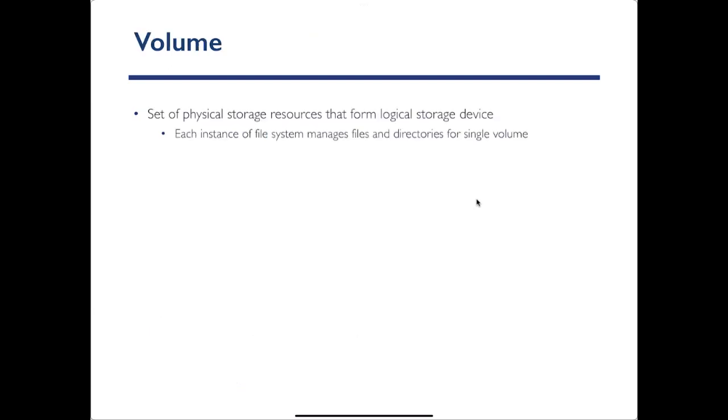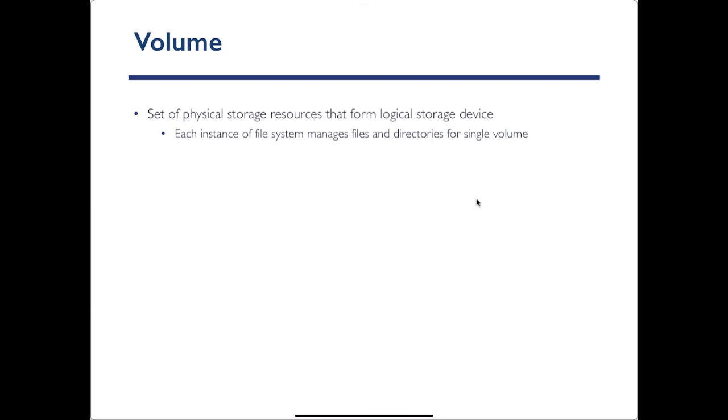The second definition is a volume. So what is a volume? A volume is a logical storage. To support the logical storage, you can use multiple physical storages or storage resources.